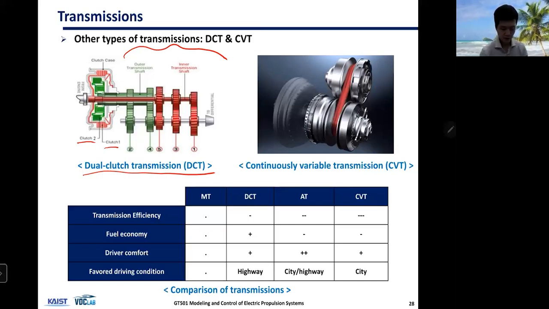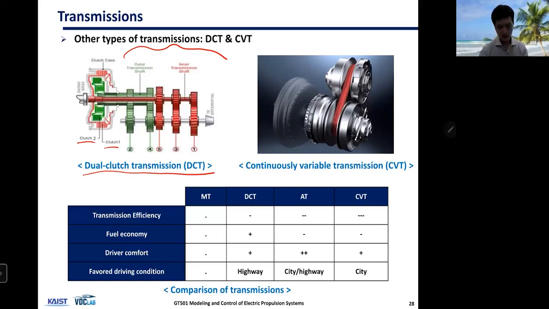If you put two clutches, you can reduce that problem, because the shifting had some delay and torque roll, because you had to let the clutch go, disconnect, and shift, and then engage.